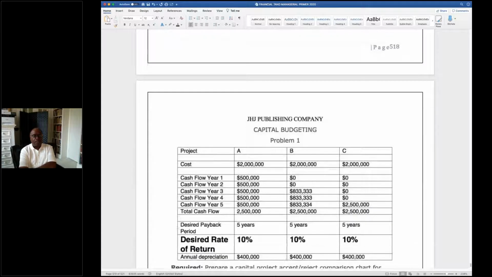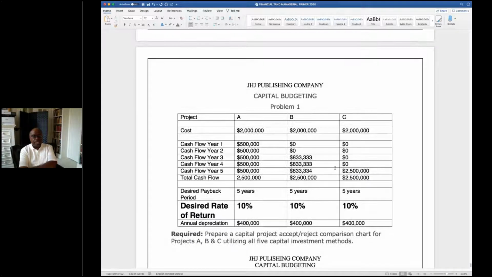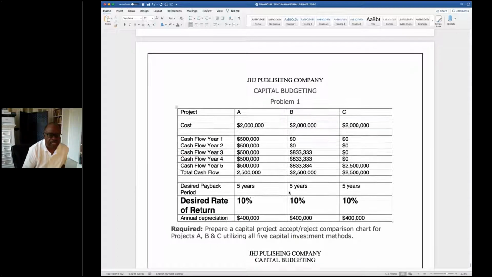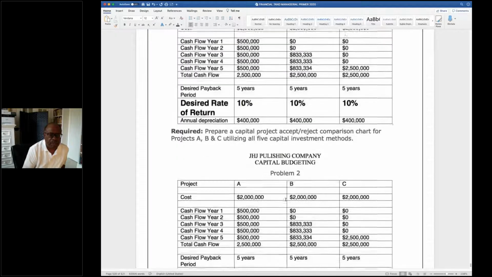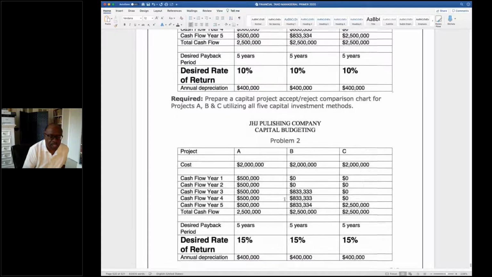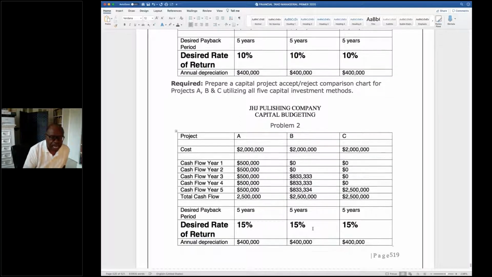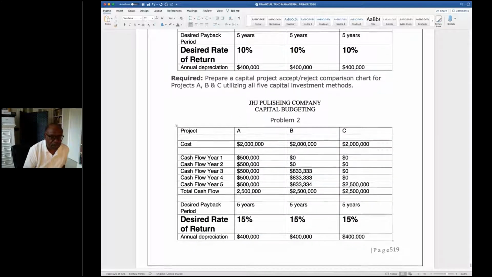So, teams 1 through 3, you have capital budget problem 1, where your desired rate of return is 10%. Teams 4 through 6, same information, but your desired rate of return is 15%.